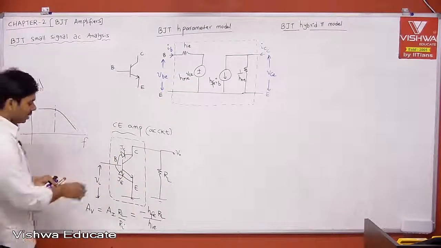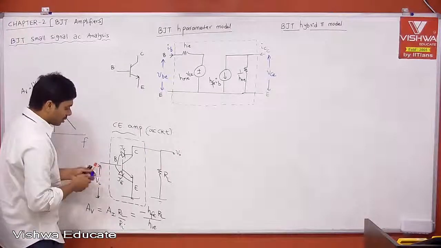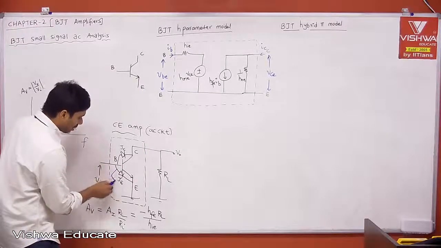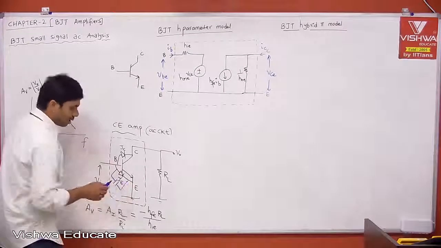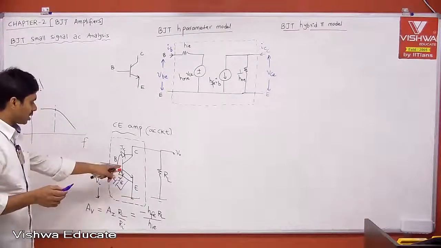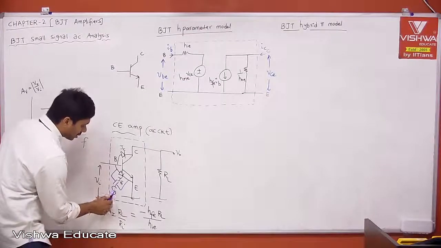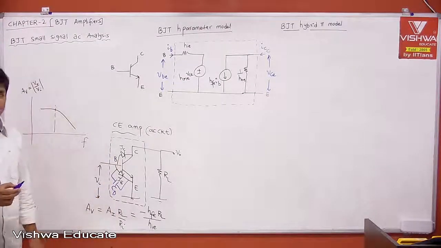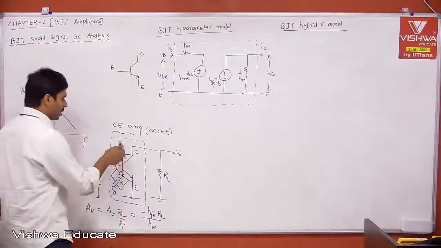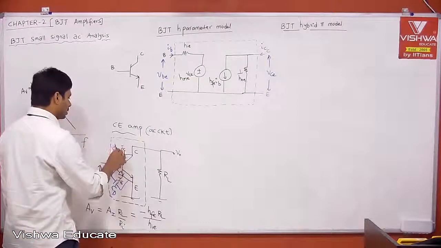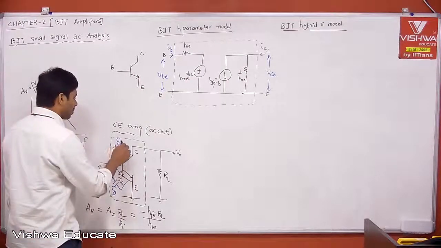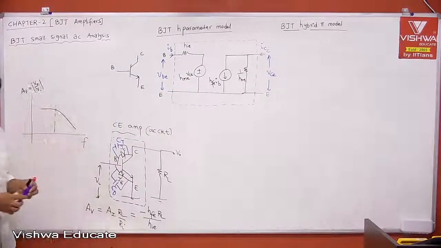Now tell me, if JE is in forward bias, it is associated with some capacitance, which you study from your VZT. When a PN junction diode is under forward bias, it is associated with diffusion capacitance CD. When a PN junction diode is in reverse bias, it is associated with transition capacitance CT, right?